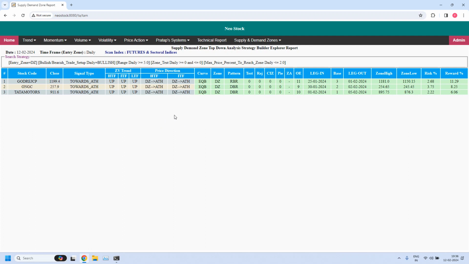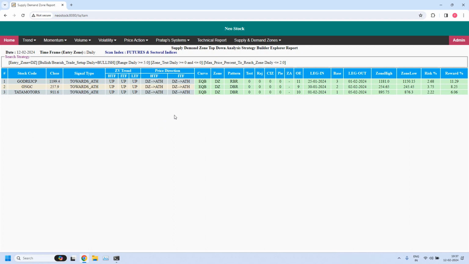But at the same time, you should not forget to fine tune the zone up to the 5 minutes level. Fine tuning the zone up to 5 minutes is not from the point of view of taking the entry, but for checking the quality of the zone. If the zone quality is not good, mostly the zone will be violated.